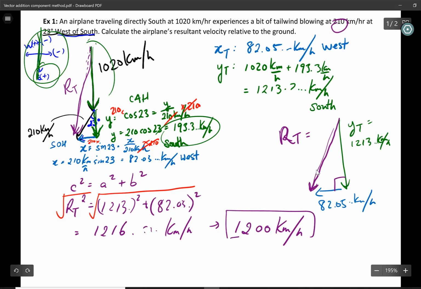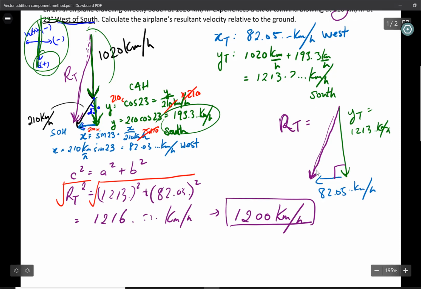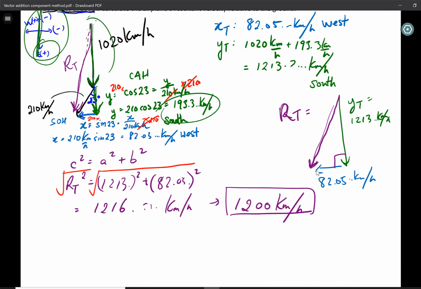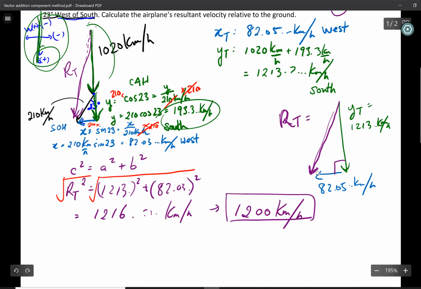Are we done? And yes, you're right, we're not done. Okay, we need to find the angle over here. Let's use orange. We need to find this angle right there.